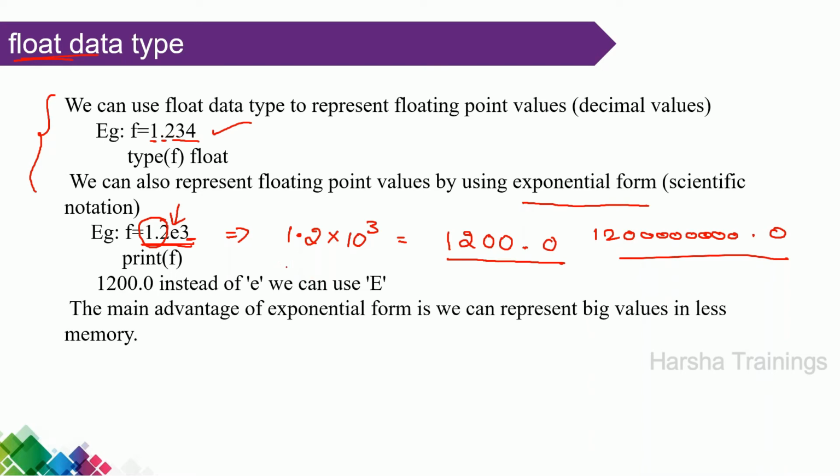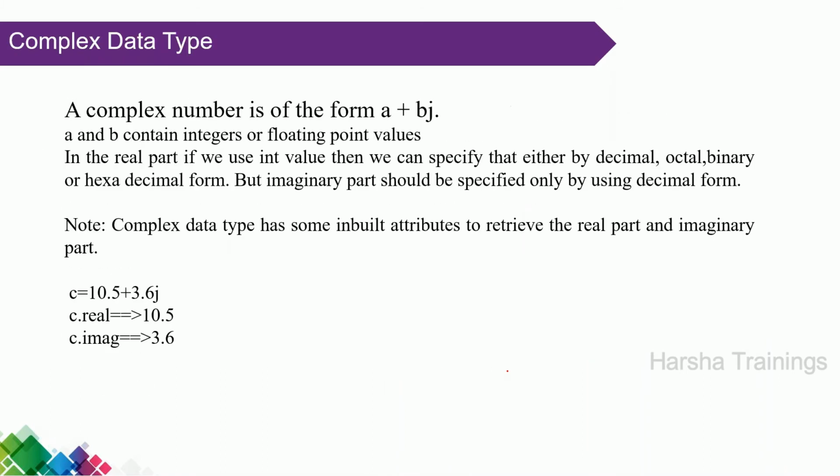And one more thing: if you write 1.2E-3, the meaning is 1.2 divided by 10 cube. 1.2 into 10 power minus 3, and 10 power minus 3 in the sense 1 by 10 cube. Now, fine. One more thing is the complex data type.